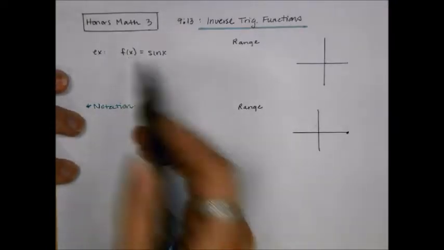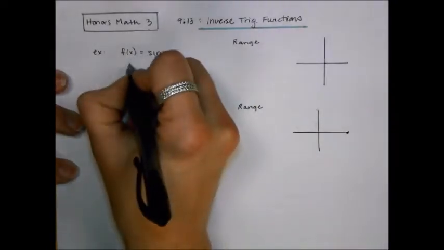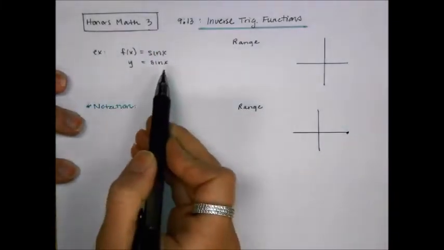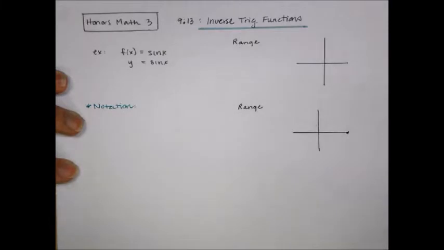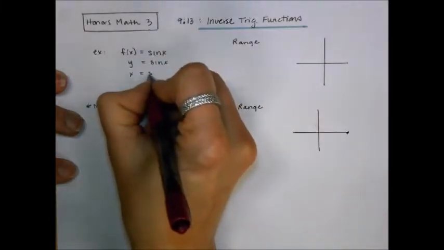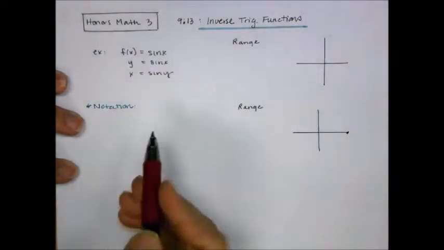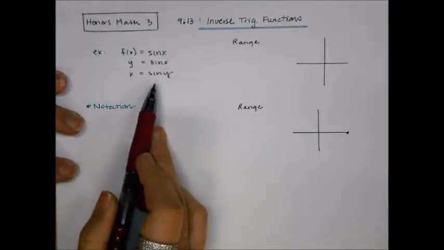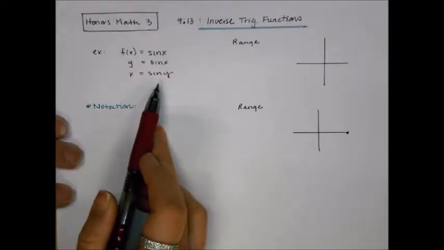So we'll let y replace f of x. Okay, in inverse, we want to swap x with y. So we'll write x is equal to sine y. And then in order to undo sine and solve for y, we introduce its inverse, which is called inverse sine.